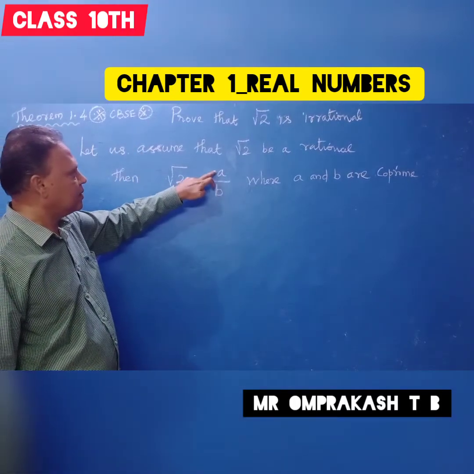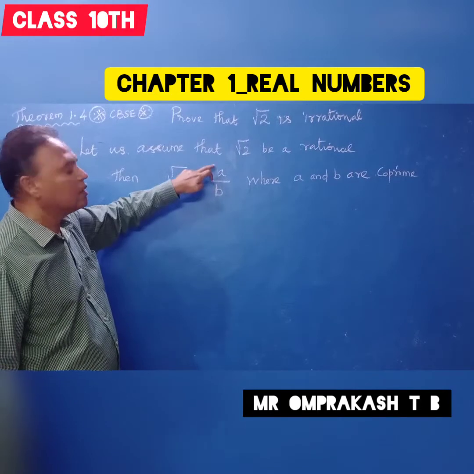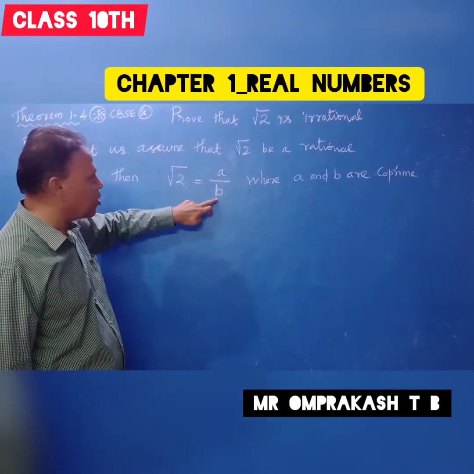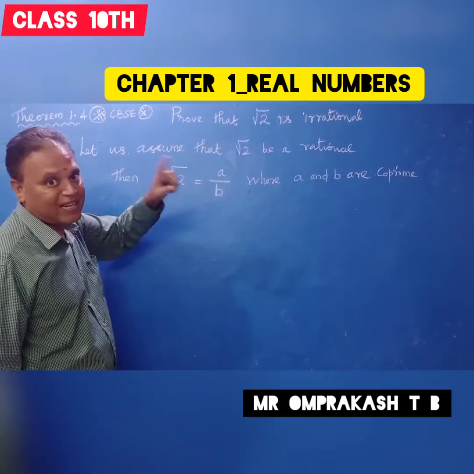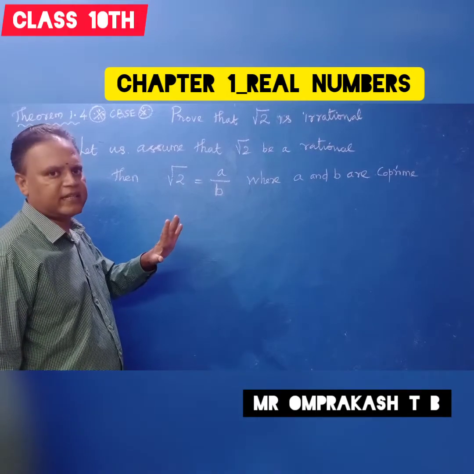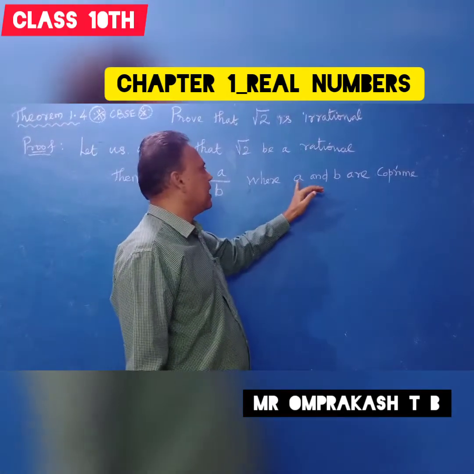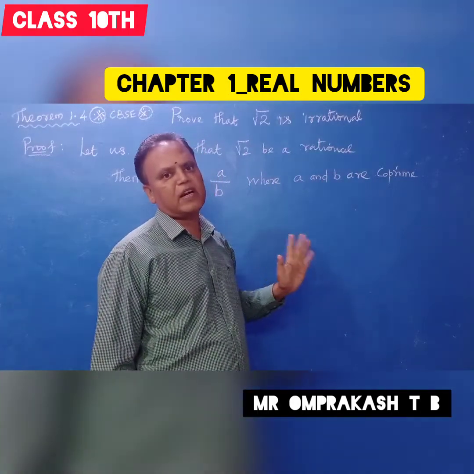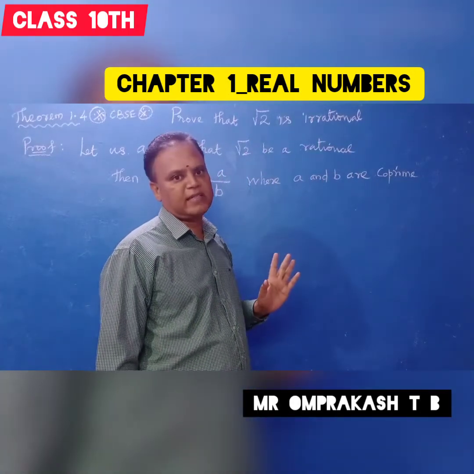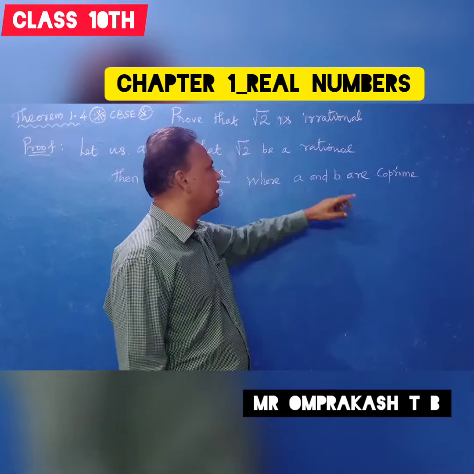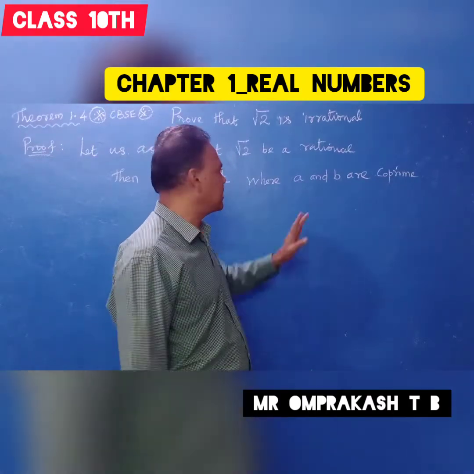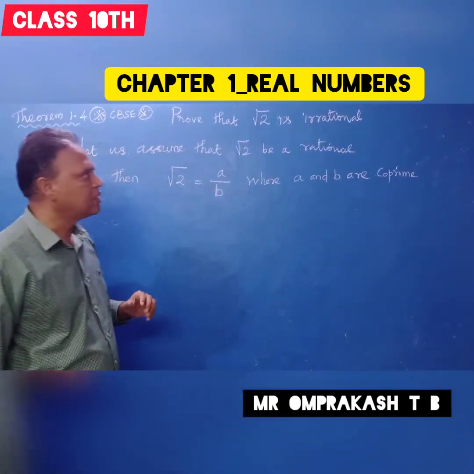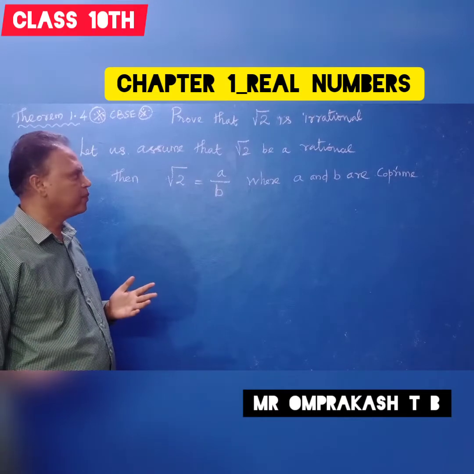There should not be any common factor other than 1. That is, HCF of A and B is 1. Clear? That is co-prime.